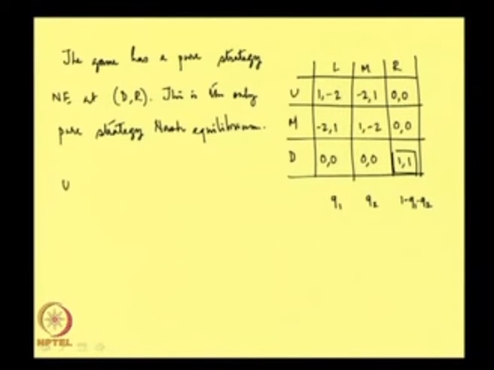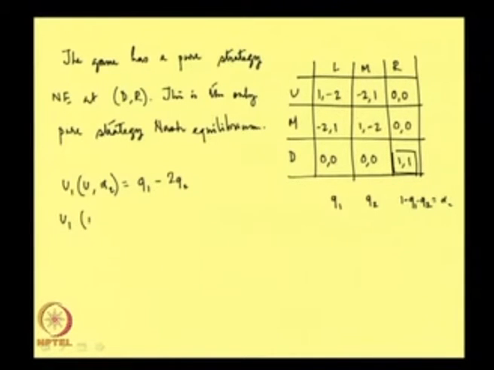So, what is the expected payoff of player 1 from U? It is given by q1 minus q2, that is all.